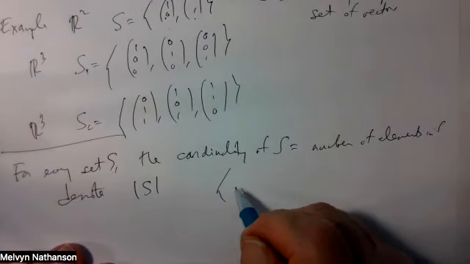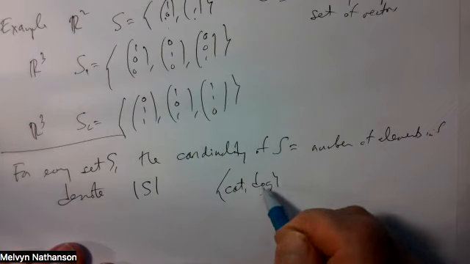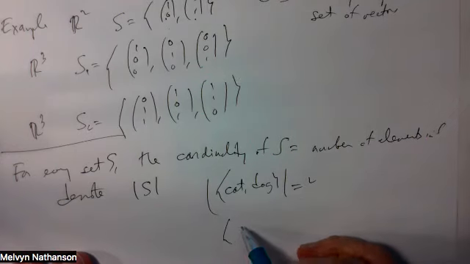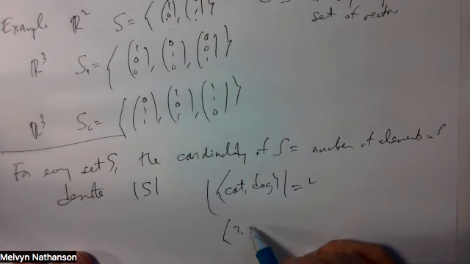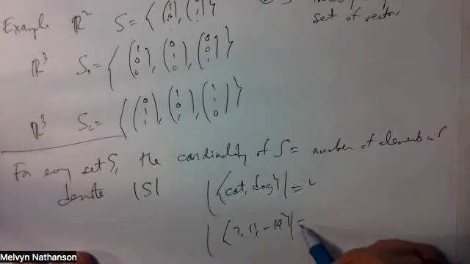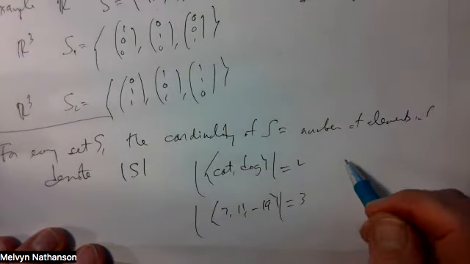So if I took a set containing one cat and one dog, the cardinality of that set is 2, because this set has 2 elements, cat and dog. If I took the set {7, 11, -19}, the cardinality of that set is 3, because there are 3 elements in the set.